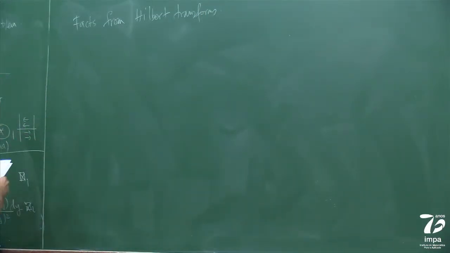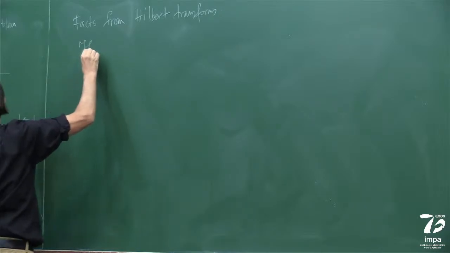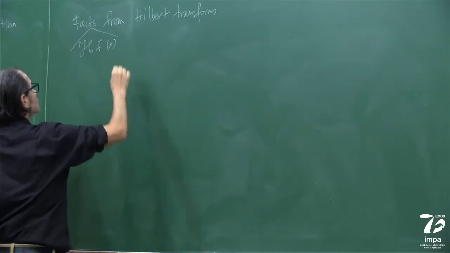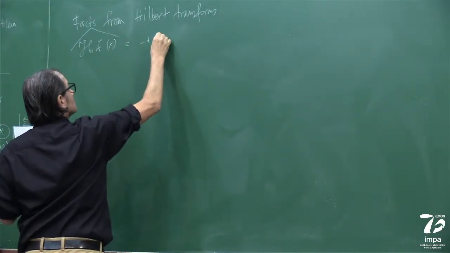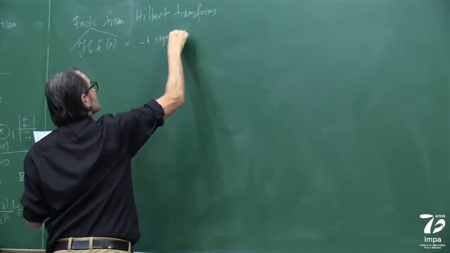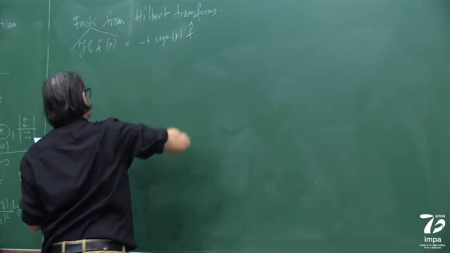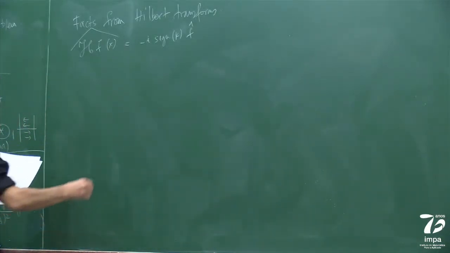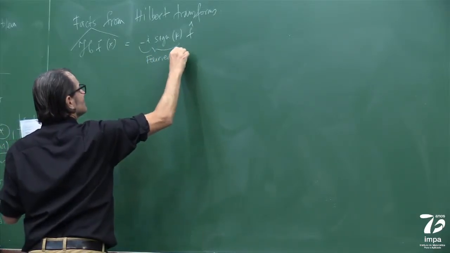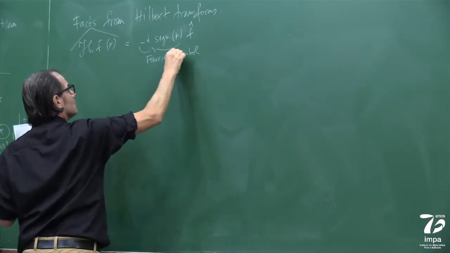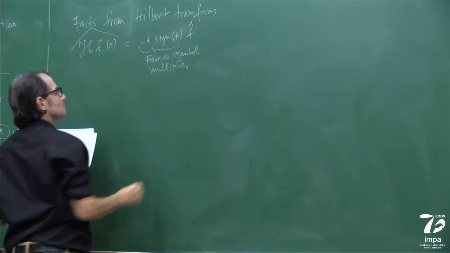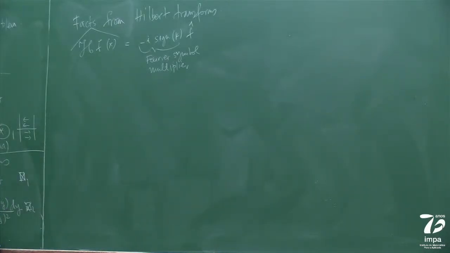The first one is that if I take the Fourier transform, it's minus i, so this is the Fourier symbol of this operator, also called multiplier.